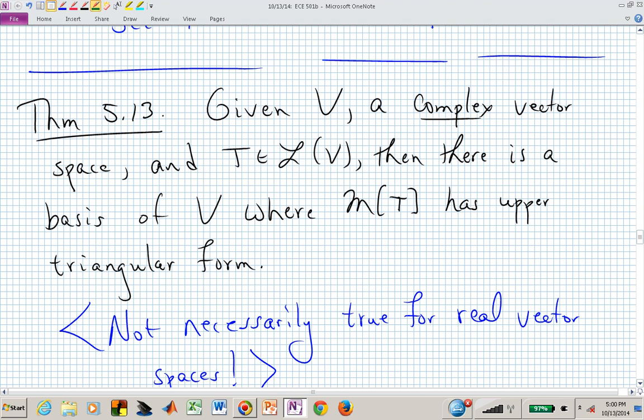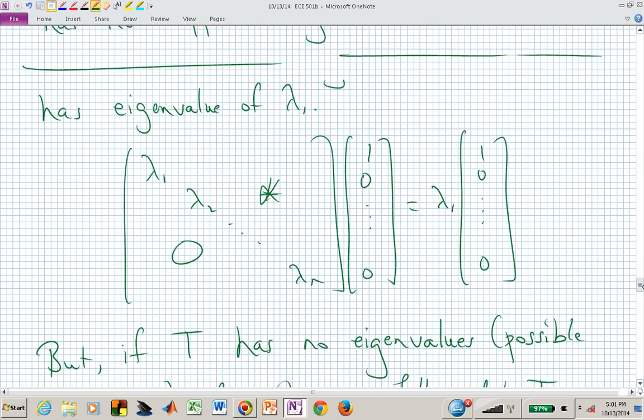That was pretty universal if we're dealing with a complex vector space, isn't it? If we have a linear map on a complex vector space, then we can find a basis that will produce a matrix representation that's upper triangular. That's not so restricted. That's not quite the case for a diagonal matrix.